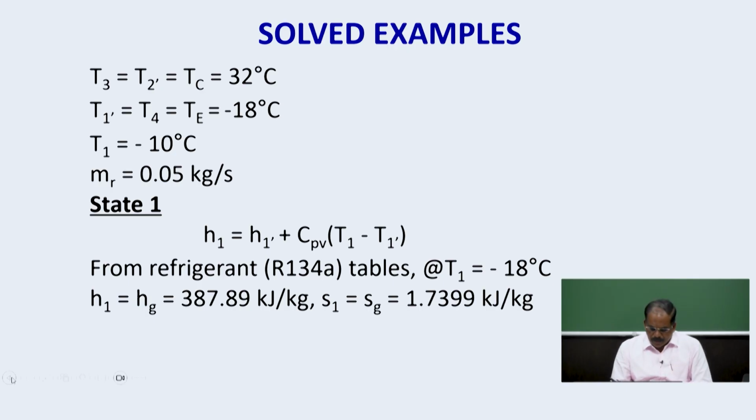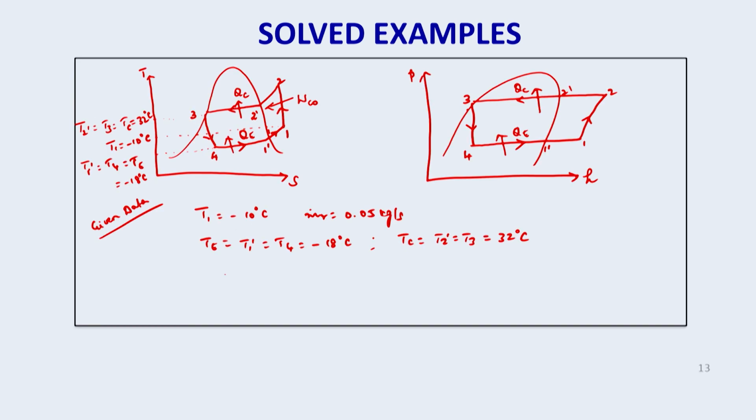So we need to find out the enthalpy of vapor at state point 1. So first we will find out h1, and it is similar to the formula which I used before. Superheated enthalpy equals saturated enthalpy plus Cp of vapor times delta T. State 1.